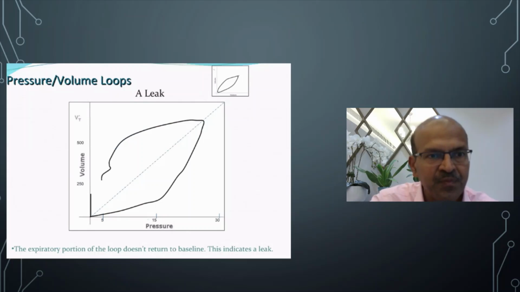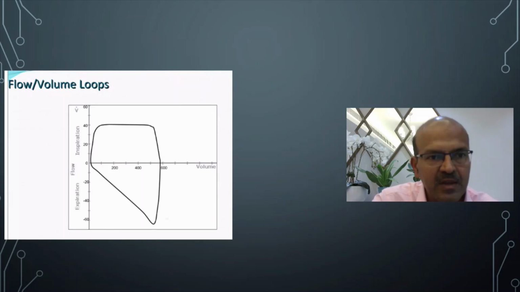If the pressure volume loop doesn't come back to baseline at the end of expiration, it indicates a leak. We have a few waveforms or loops where we can look at leak options, and the expiration not coming to baseline is one marker on the pressure volume loop as well.